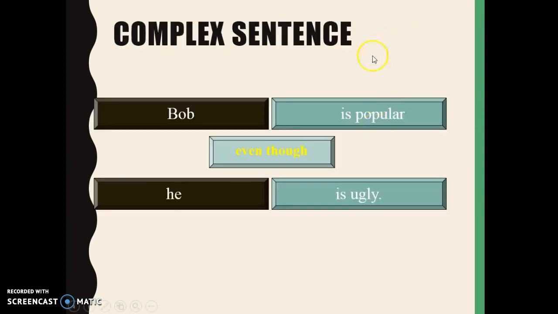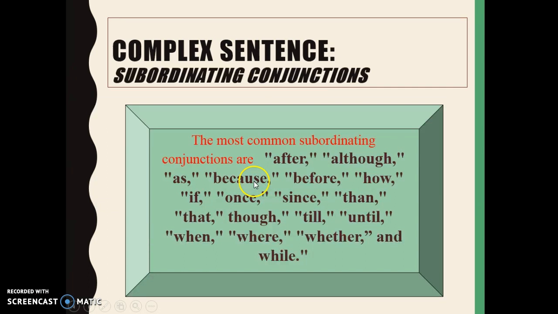Alright, sorry. So this one will be independent: Bob is popular. Even though he is ugly, dependent. Okay, so complex sentences can be combined using subordinating conjunctions.